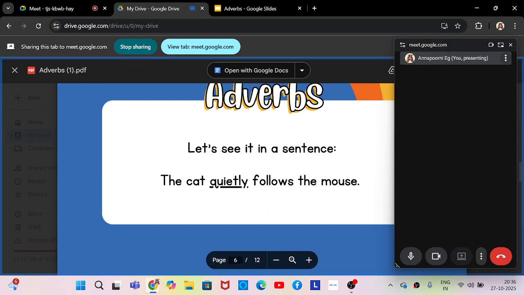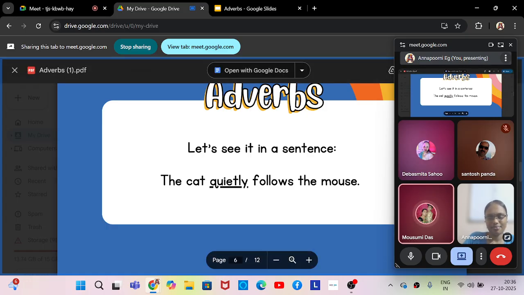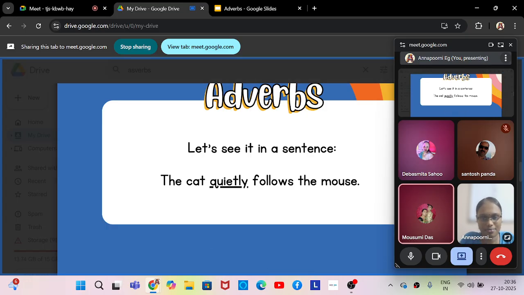Good. So now there is another interesting thing. Before that, we will just go through this example. Let us see. Yeah, Sonal, can you read the sentence? Let's see it in a sentence. The cat quietly follows the mouse. Very good. So here follows is the action or the verb.